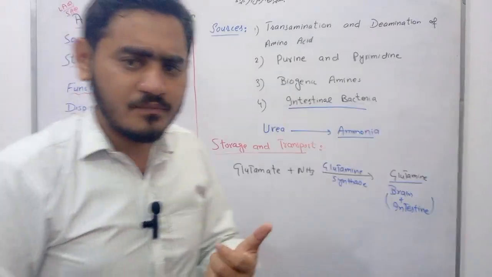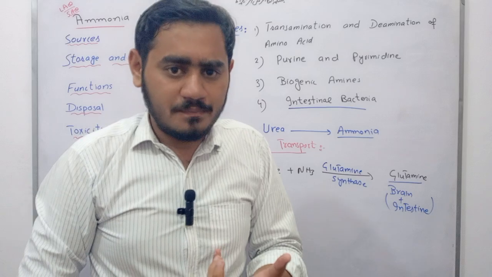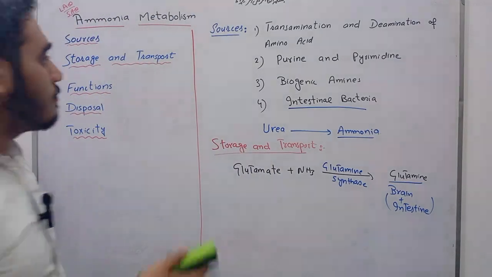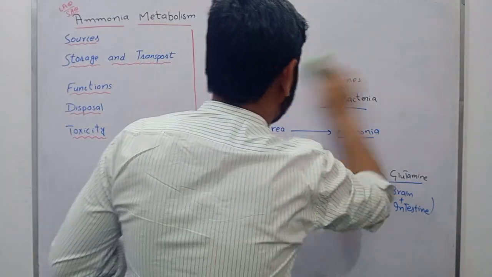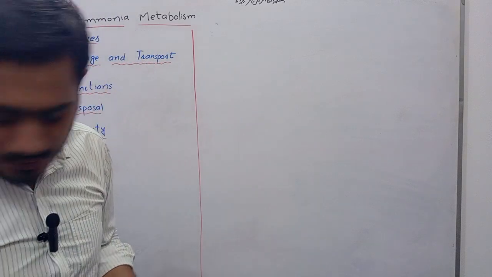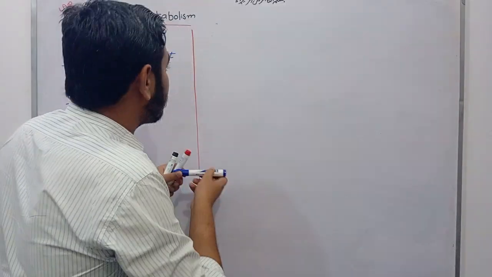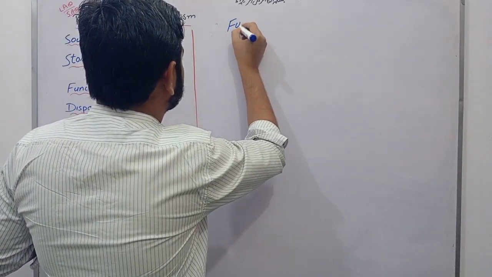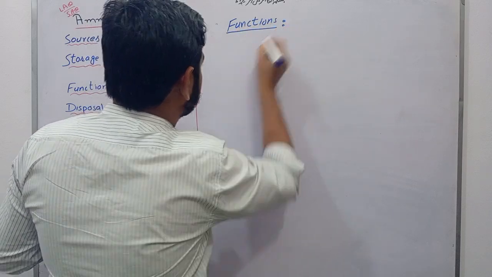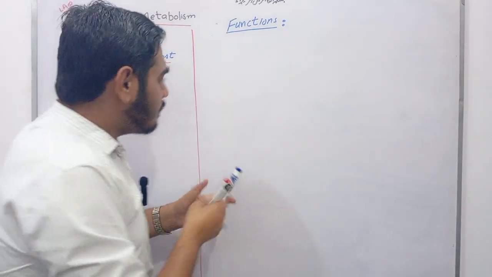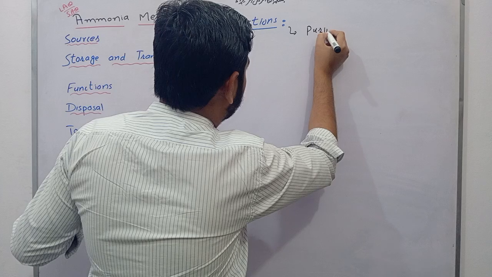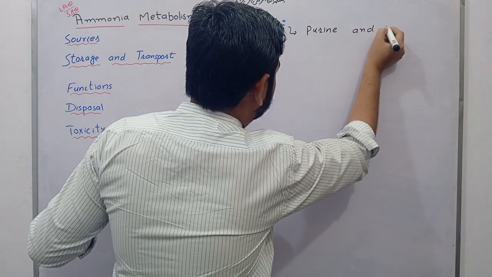Now coming toward the functions of ammonia. This ammonia is very important in the synthesis of purine and pyrimidine.